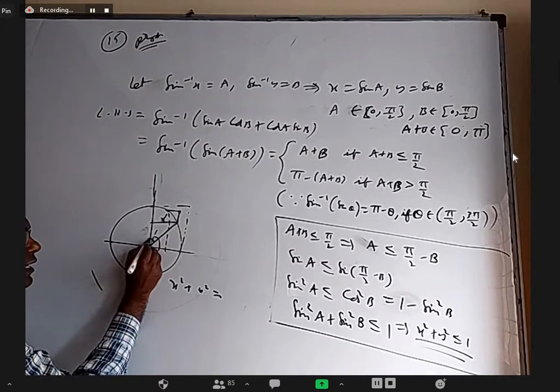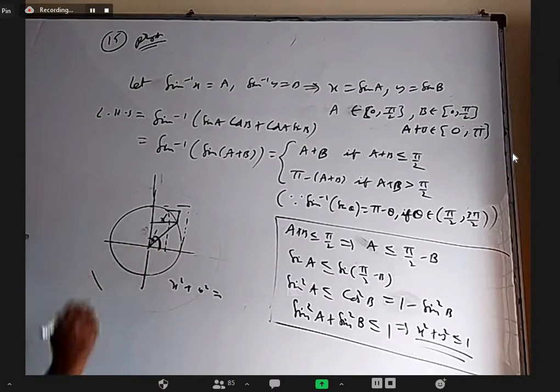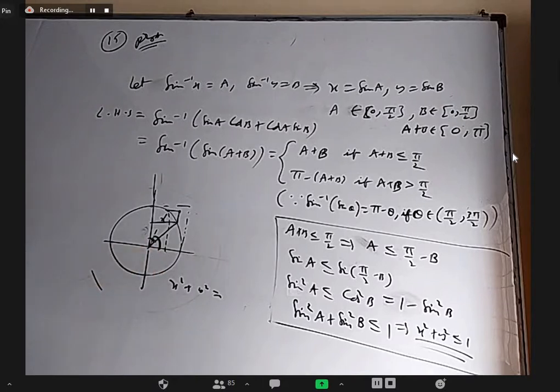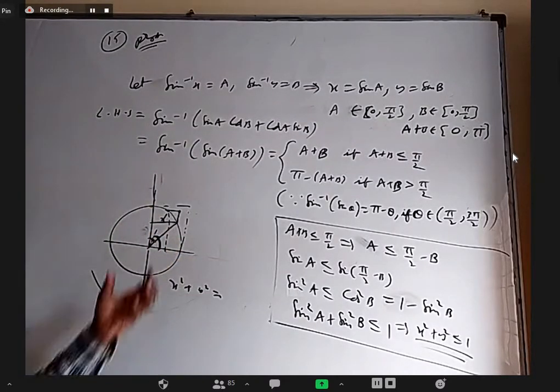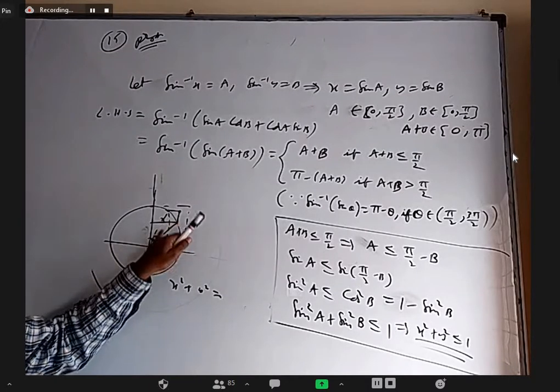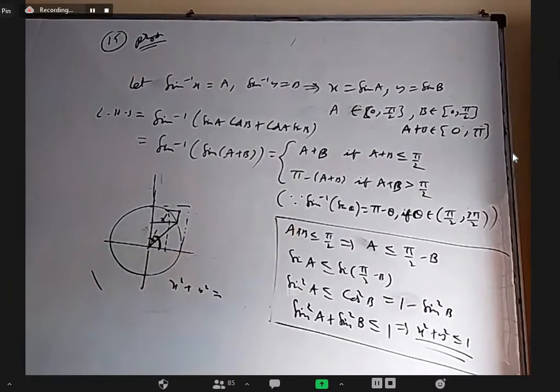What you can see is sin inverse x is this much, sin inverse y is this much. There is some overlap here. Their sum is going to be more than 90 because this piece is counted twice. If somebody has not understood, don't worry. I just tried to give a graphic image to see what is happening when x comma y moves. When it is on the circle, what happens? Inside, what happens? Outside, what happens? But you can see other ways also.